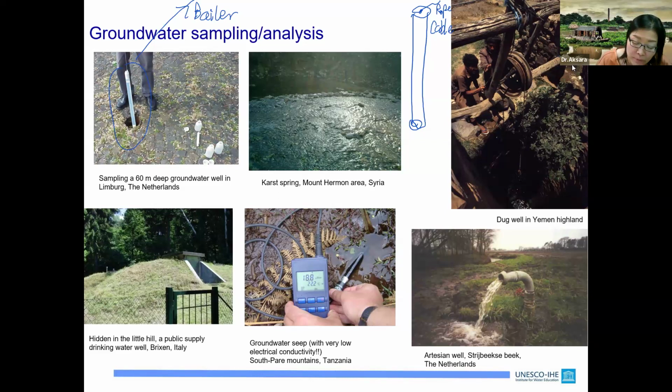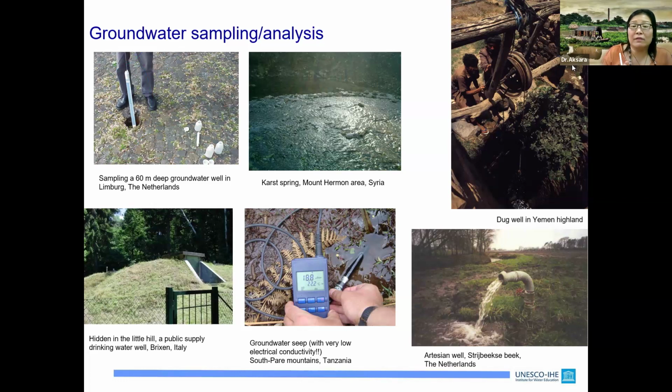So you just use rope or cable and lower your baler down into the groundwater well. When it reaches the specific depth that you'd like to take samples, you open the baler.